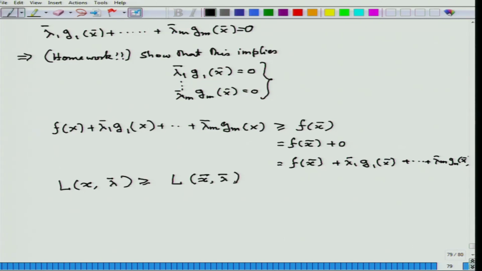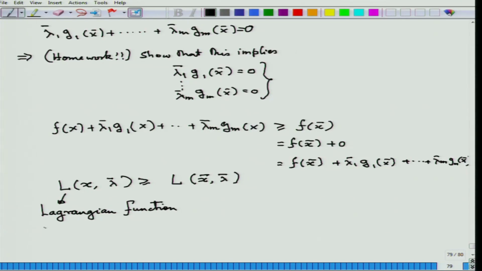We are defining this. This is called the Lagrangian function, which you also have studied at your first year level in calculus, but this is extremely fundamental to optimization.